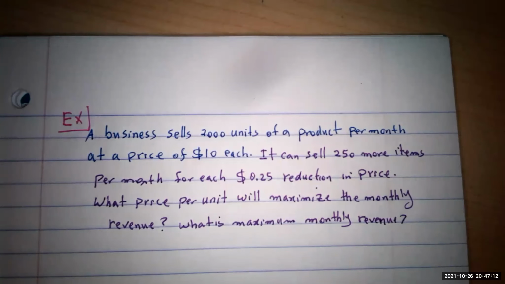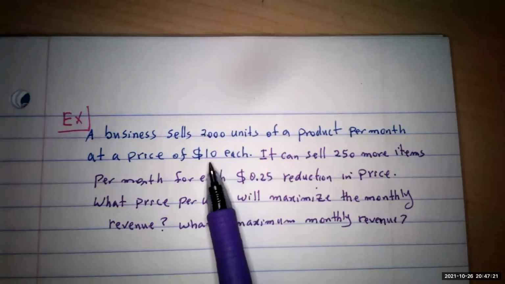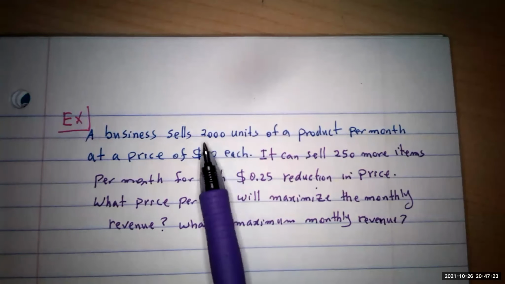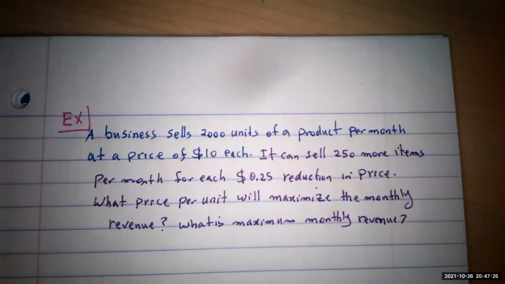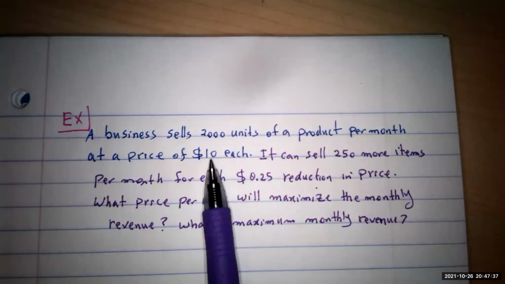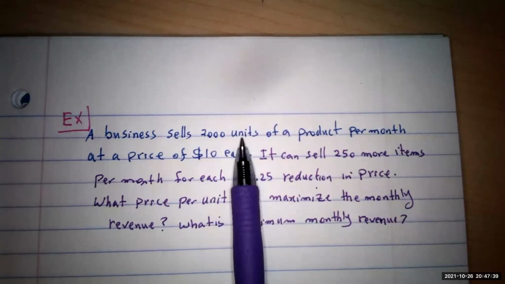So basically what you are going to do for these type of problems is, you already got the price, $10, and the number that you sell, which is 2,000. Your revenue would be 2,000 times 10. So what you're going to do is create a new price and a new number of units.